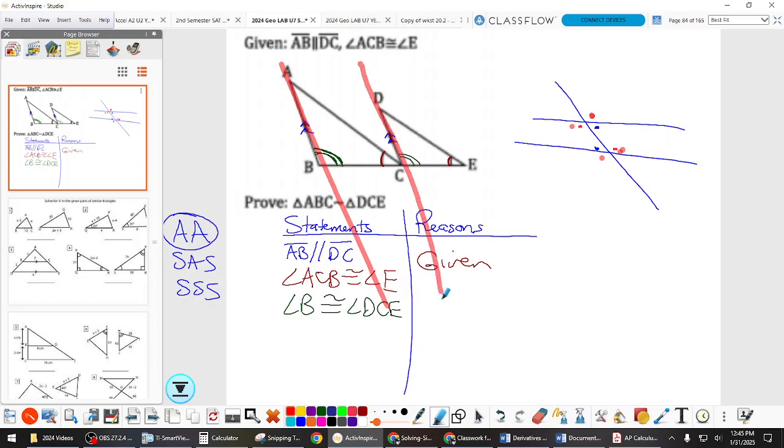If we show these parallel lines, and here's our transversal, what kind are those? Corresponding. Good job. Those are corresponding.